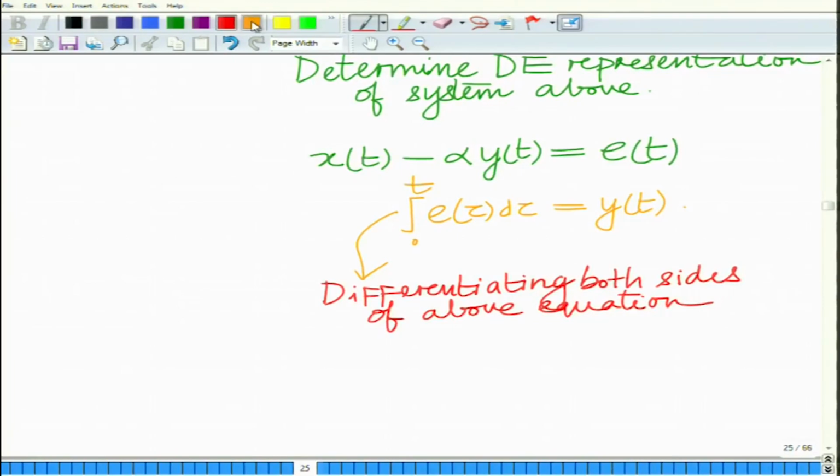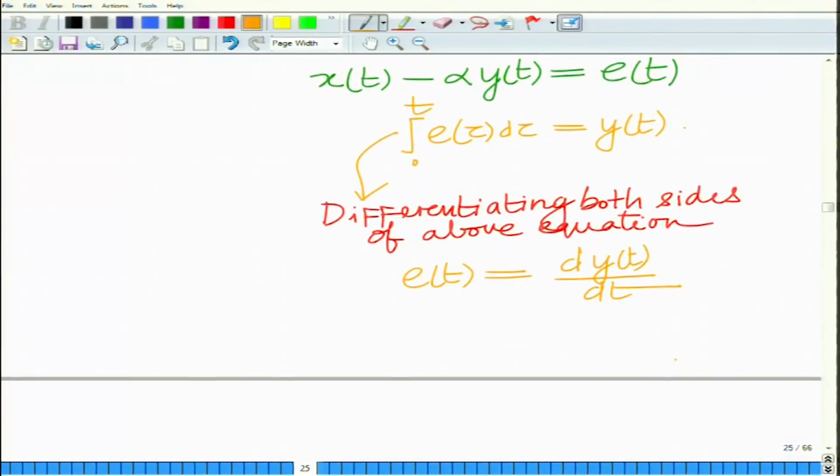So, differentiating both sides, we have E of t equals d dt of y of t.